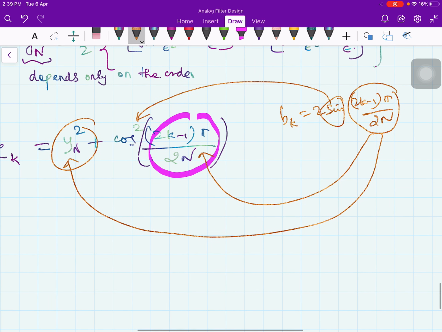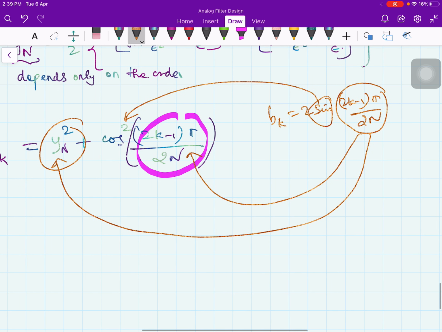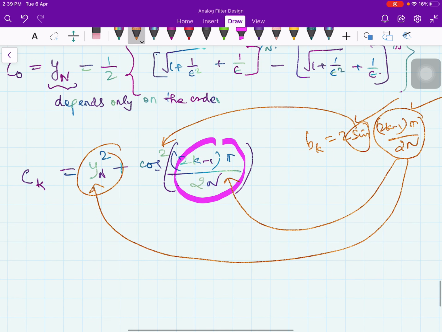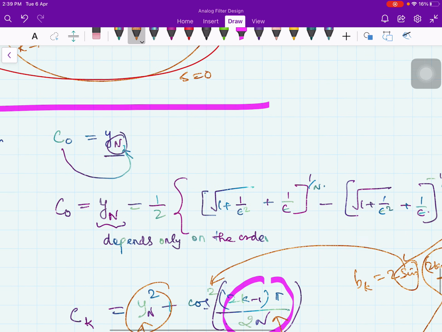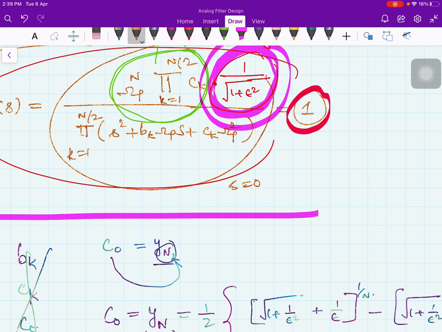Butterworth filters were expressed in terms of sine of (2k minus 1) pi by 2n. In Chebyshev, because we require constants, these c_k and y_N appear in the constant term of the denominator.